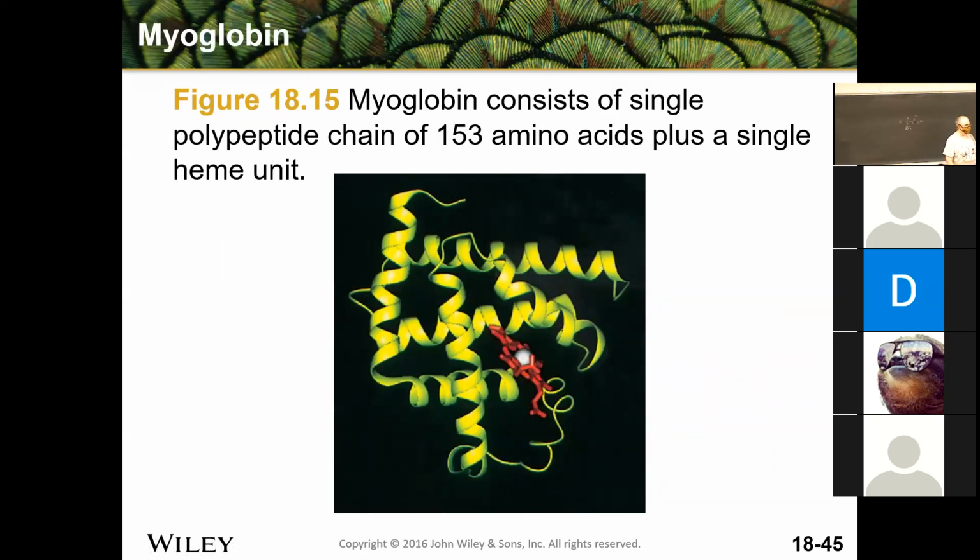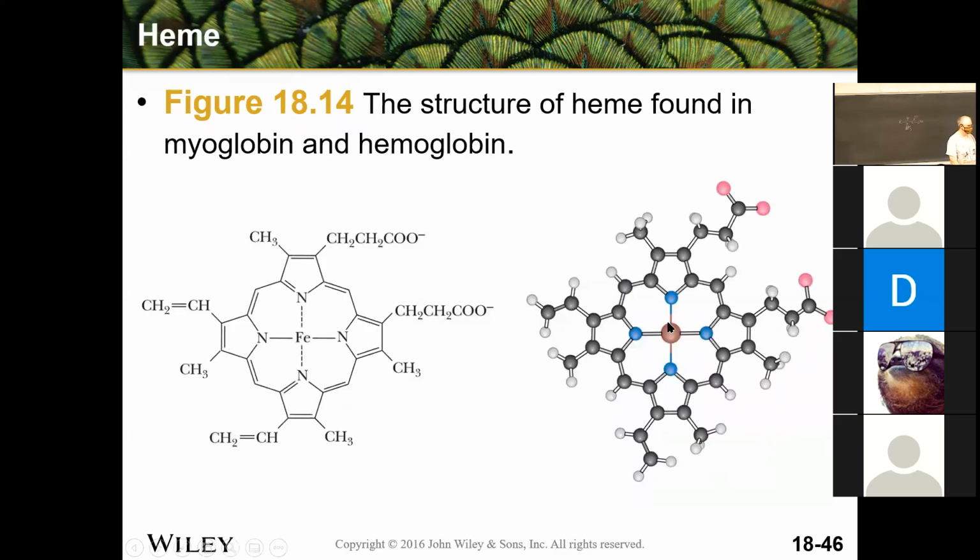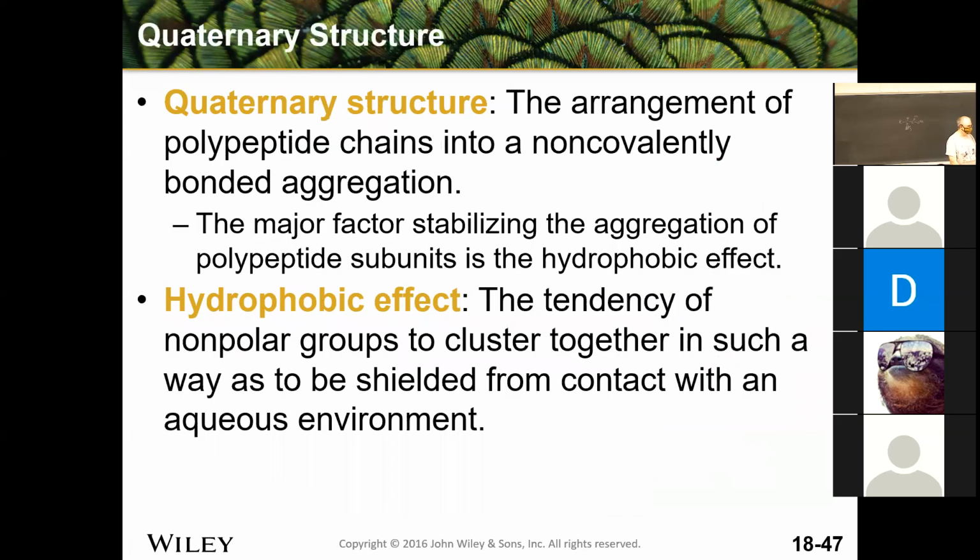All right, myoglobin consists of a single polypeptide chain of 153 amino acids plus a single heme unit. The heme unit is shown right here. This is heme. That's found in both myoglobin and hemoglobin.